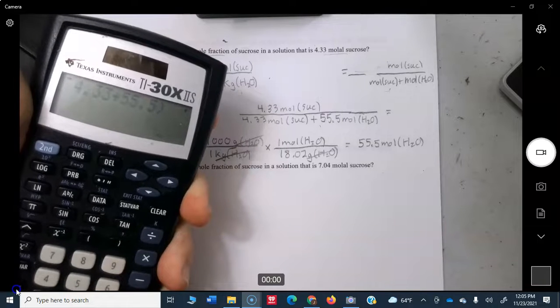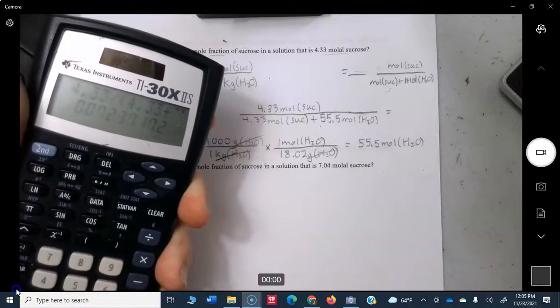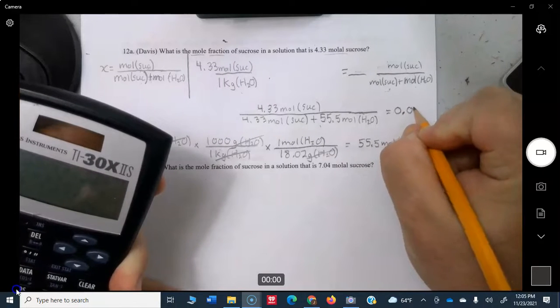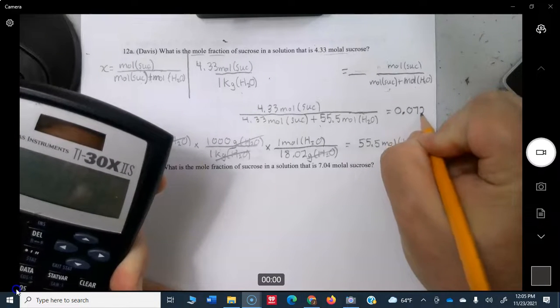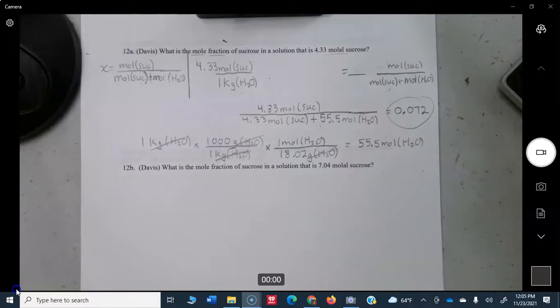Close the parenthesis, and that gives you your mole fraction of 0.72. Again, it's a decimal number, even though they call it mole fraction, but there are no units to it. So that's the fraction of that solution that is made up of the sucrose.